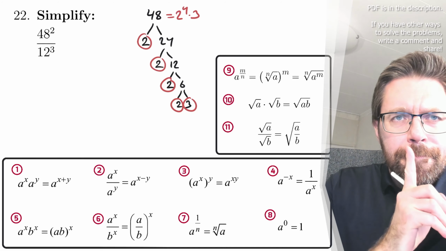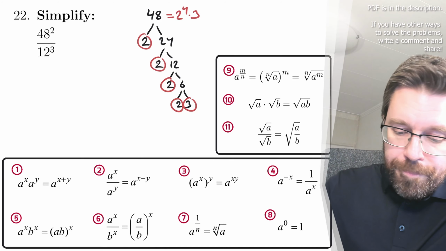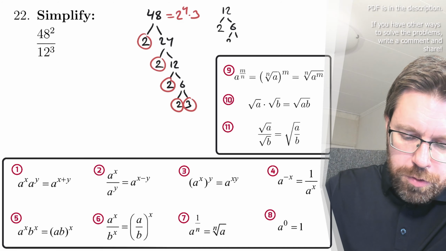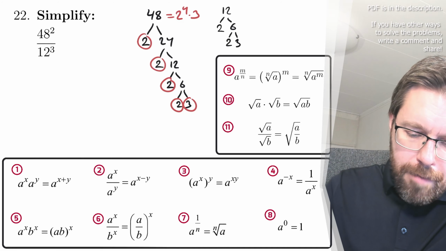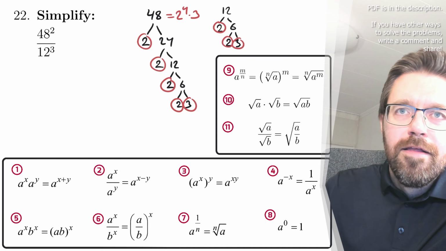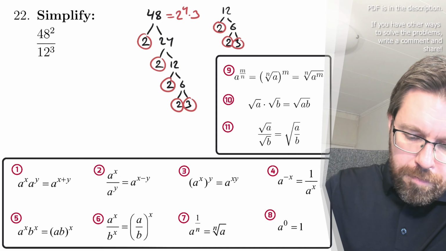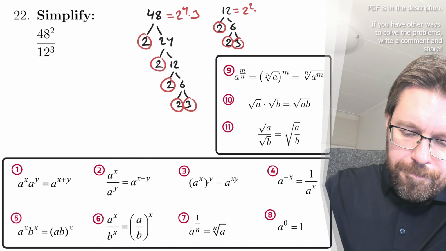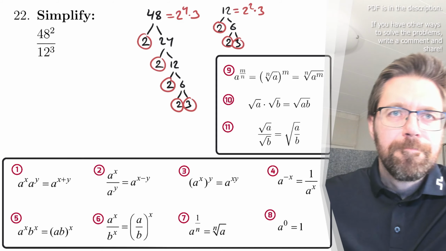Okay. Number 12, we do like this. We have 2 times 6 and then 2 times 3. The prime factors are this thing here. So it equals 2 raised by 2 and then times 3.